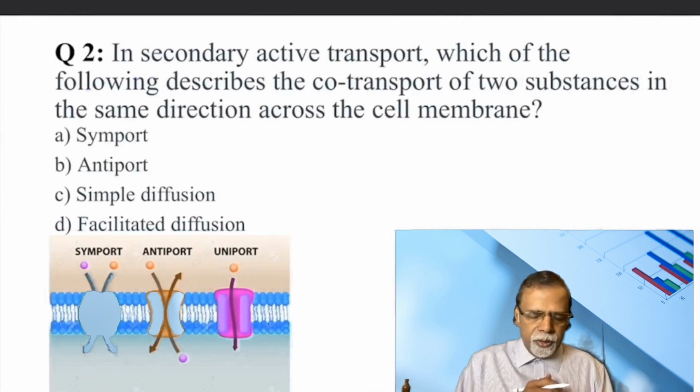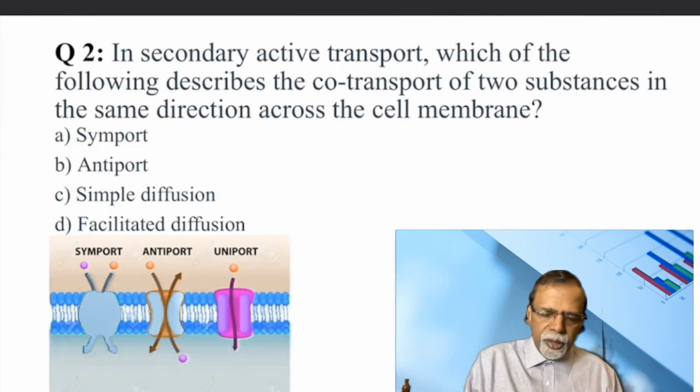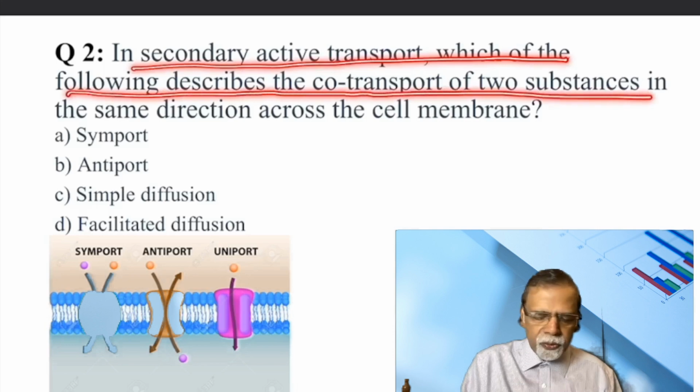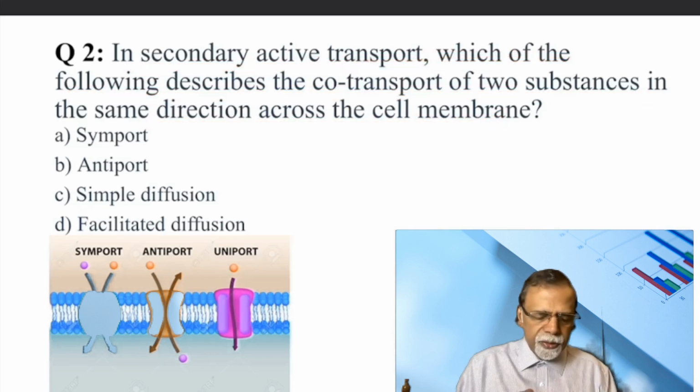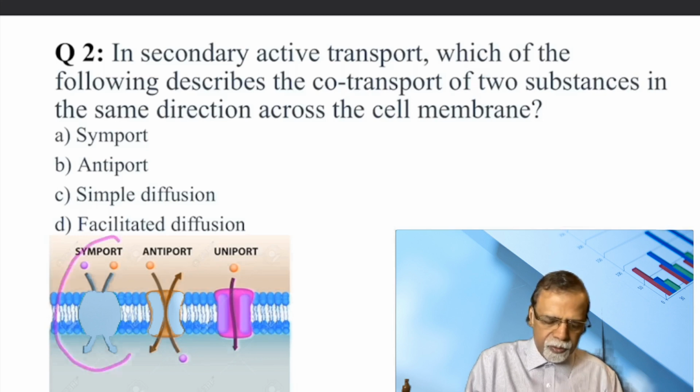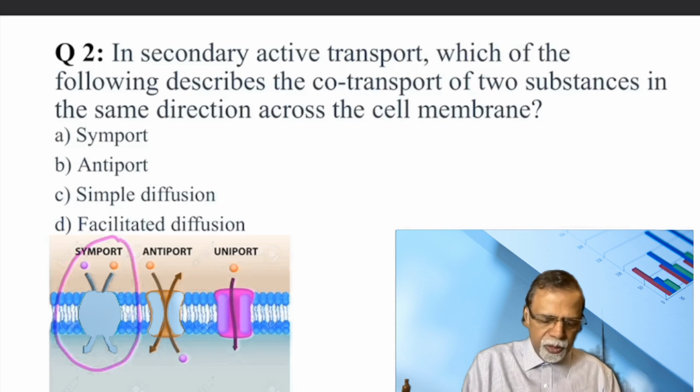Now we go to the third question. In secondary active transport, which of the following describes co-transport of two substances in the same direction across the cell membrane? We have already answered this. This is symport, that is, two substances are passing in the same direction.